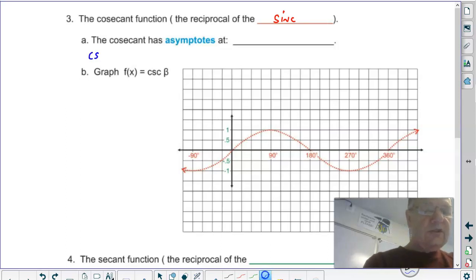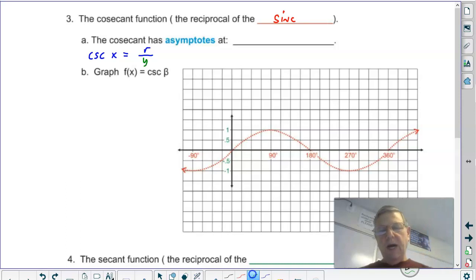The cosecant of x equals, all right, so now we got to remember, what is the sine? It's the opposite over the hypotenuse. What is the opposite? The opposite is the y. What is the hypotenuse? It's the r. So do the reverse. So this is going to be r over y.